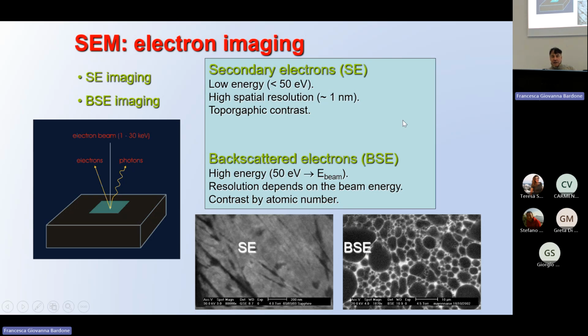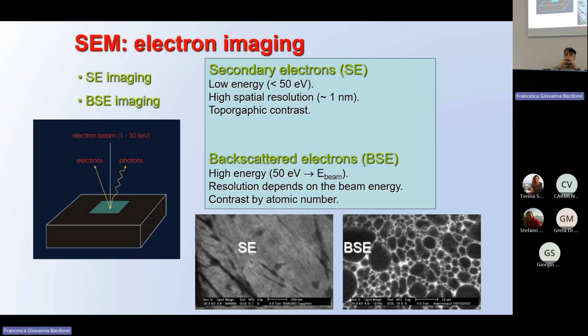These are electrons with much higher energy, the energy from the beam, which are reflected back. So the energy of these electrons is much higher. And with these electrons, I have a contrast. The capability to be reflected depends on the atomic number.